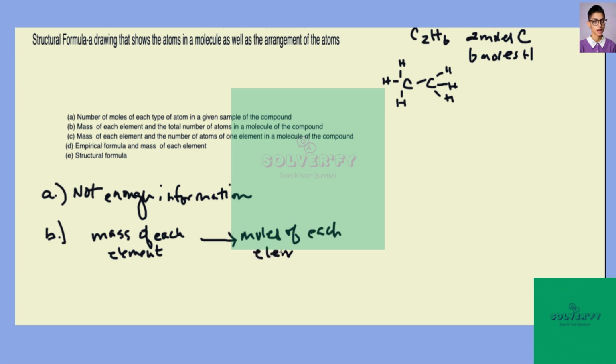And you do this by using the molar mass. Once you have the moles of each element, you can find the ratio. And this allows you to write the empirical formula.